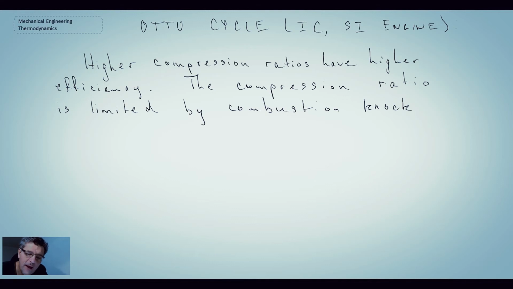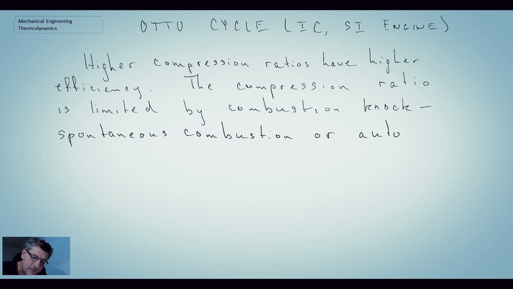However, what happens is we start running into some problems. As you increase the compression ratio, you start encountering what is called combustion knock. And what this is, it's where you start to have combustion due to the high temperatures and pressures before the spark even goes off. Sometimes called spontaneous combustion, or auto ignition.